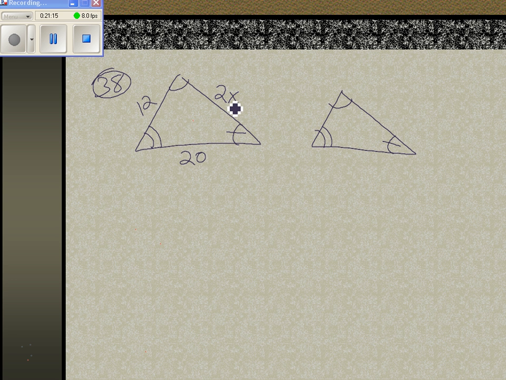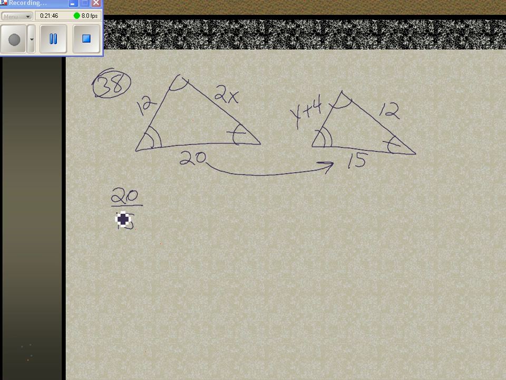Similar to each other. Got two angles, so they're going to be similar. Pick out two sides that match up that we know so we can set up a ratio. 20 matches up to the 15.